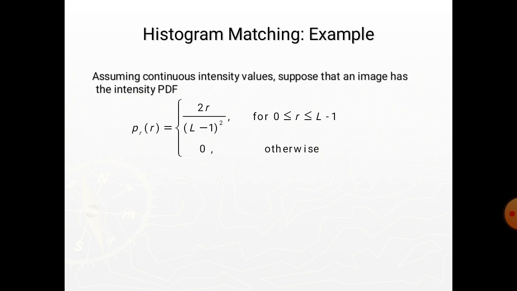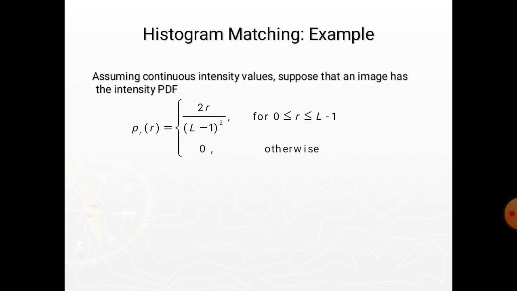Find the transformation function that will produce an image whose intensity PDF is p_z(z) = 3z^2 / (L-1)^3 for 0 <= z <= L-1, and p_z(z) = 0 for other values of z.